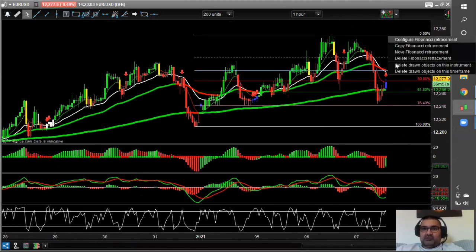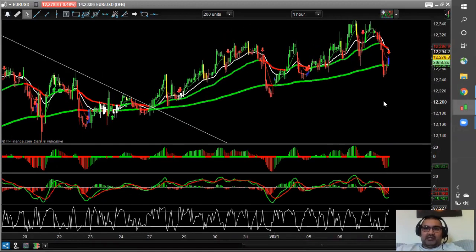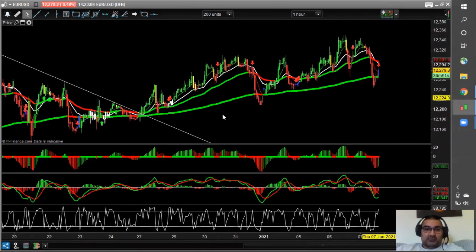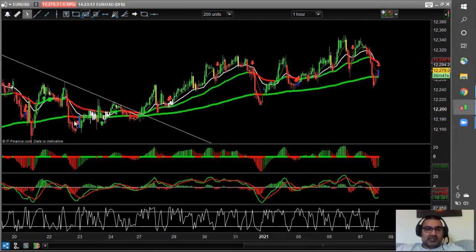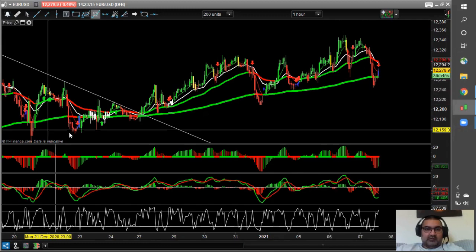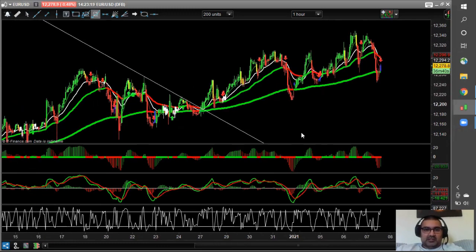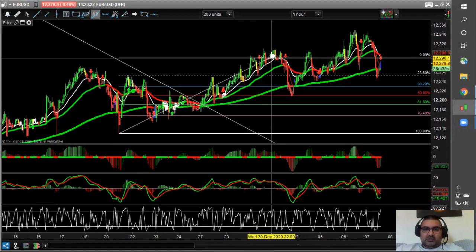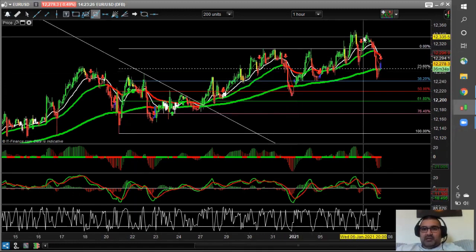Now the reason why it's the correct fib for an hourly chart and not for the higher time frame, the 4-hour chart, is because this one has already had a retracement, and you can see here that I just need to squeeze this chart a bit more to make it a bit smaller on the downside. There we go. You can see here that this wave would have already been measured, the market would have bounced off it, and it would have come back up.